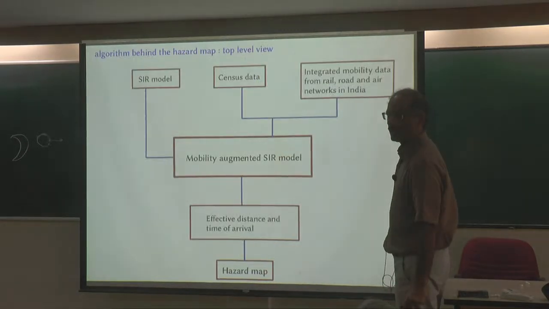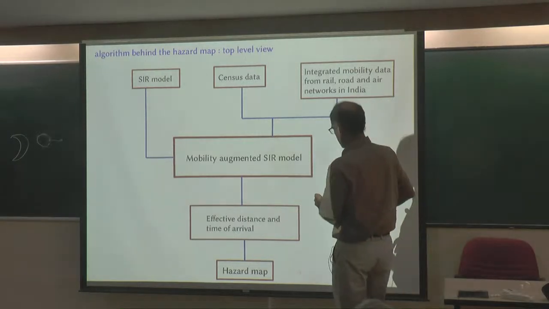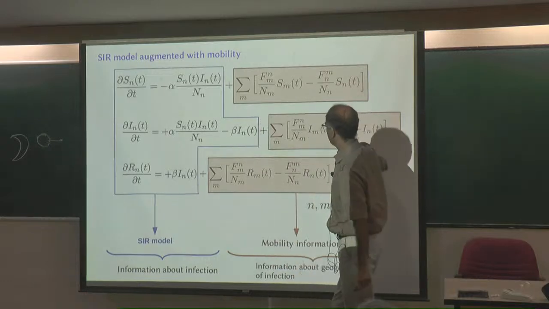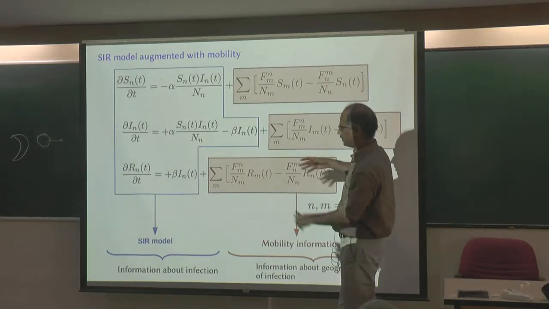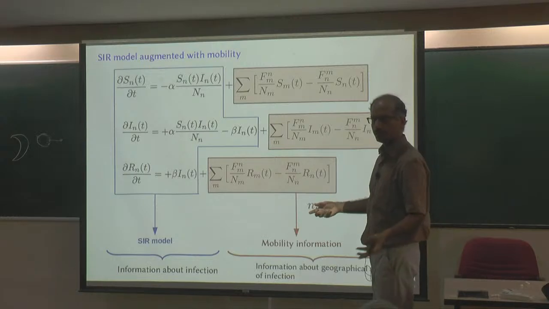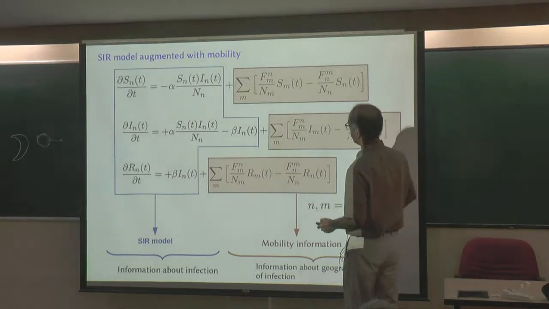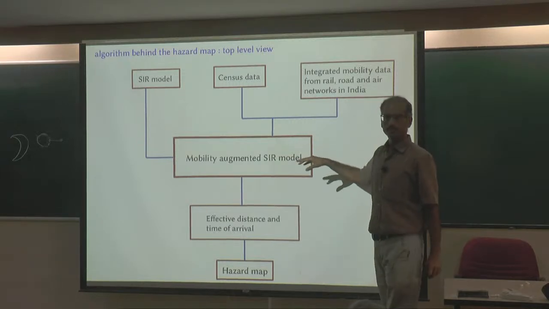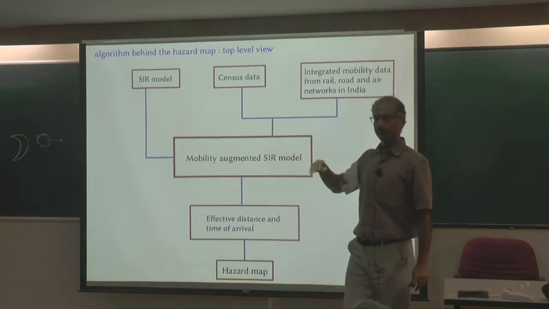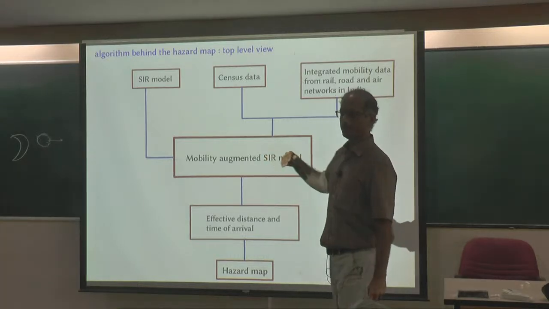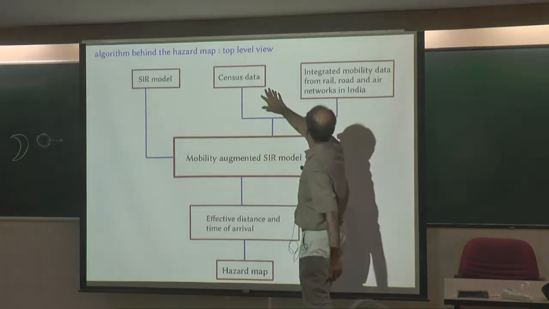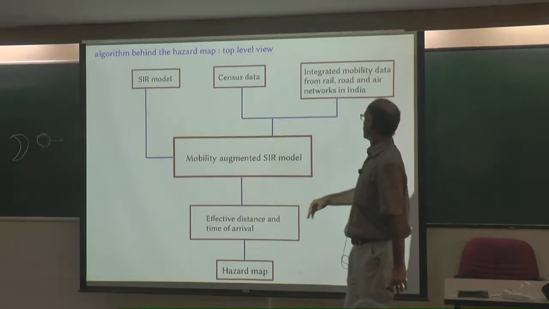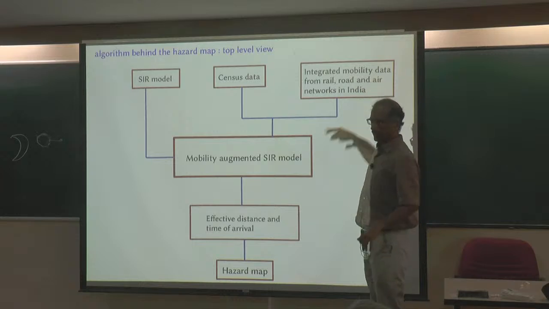To evaluate this numerically, we didn't want to do it as a synthetic model with synthetic data, so we took real data. We considered a large number of cities and towns in India, about 450 of them, all above 1 lakh population. That comes from the census data, and then we took the real mobility data of train, road, and air transport.